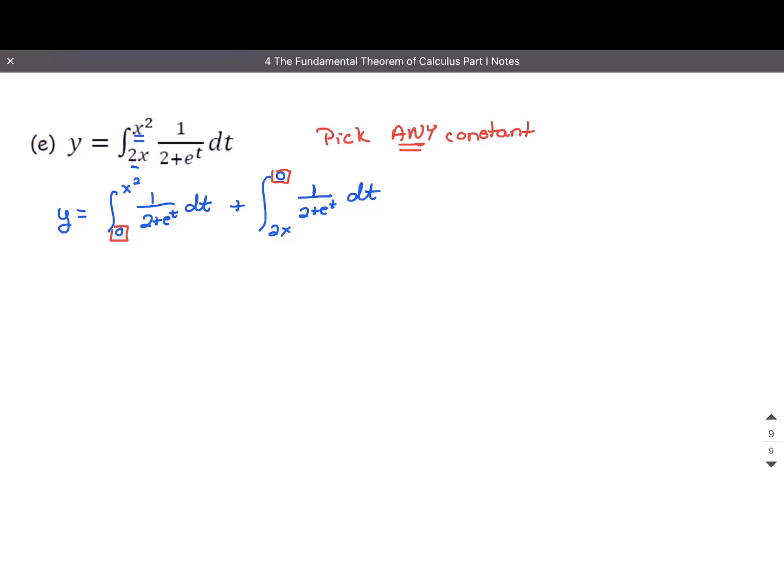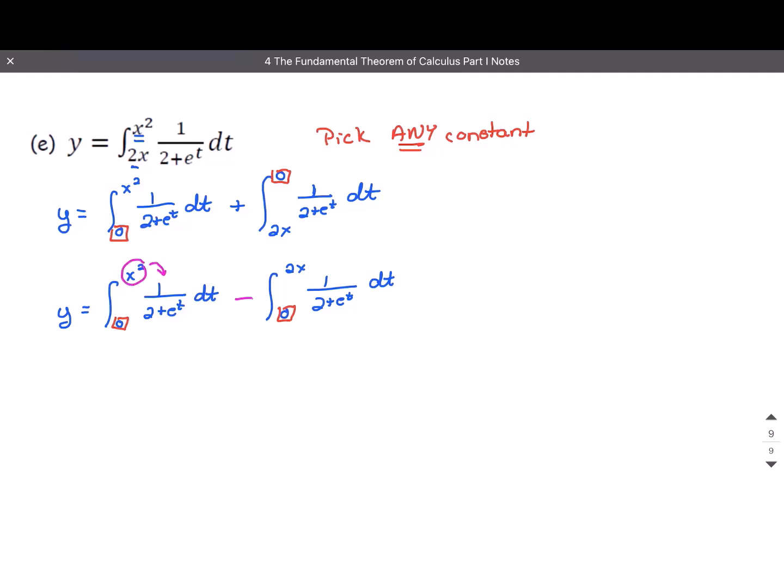Now I do have to do one more thing because we do need our integral to start at a constant. So my first integral does, that's okay, but my second one doesn't. I need to reverse it, which means I have to subtract the integral from 0 to 2x. Now I have constants on the bottom of both, and I'm going to plug the x squared in.